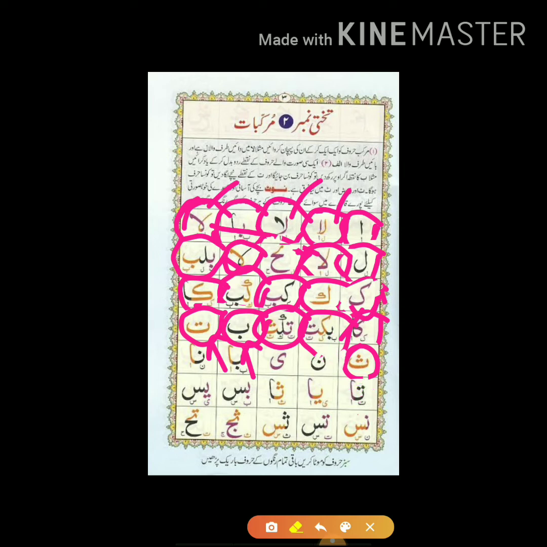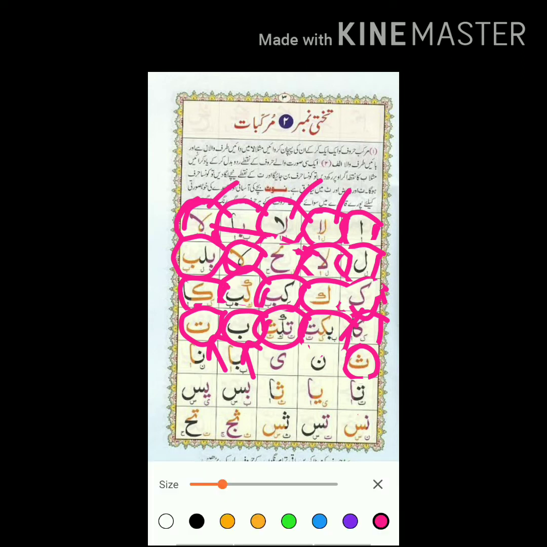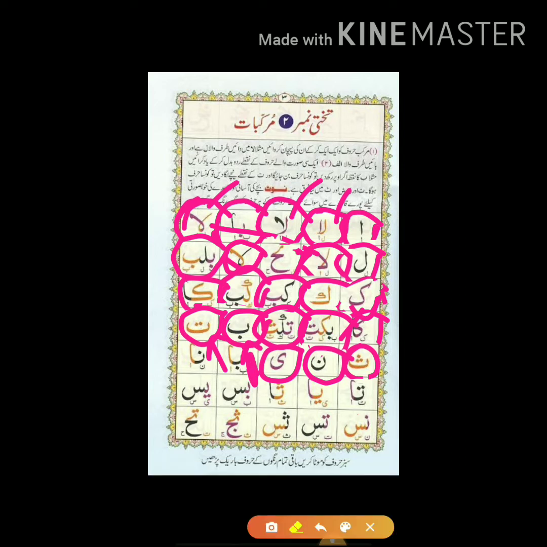Okay, moving to the next box. Here we have again a single letter, which we already discussed in lecture number 1, and this letter is noon. And the next box is ya.